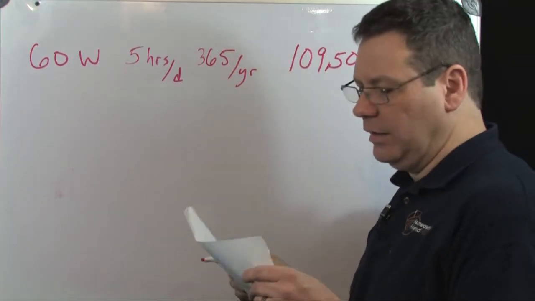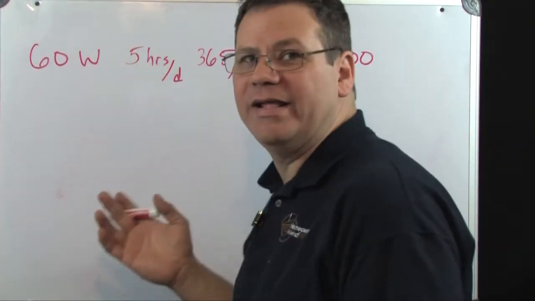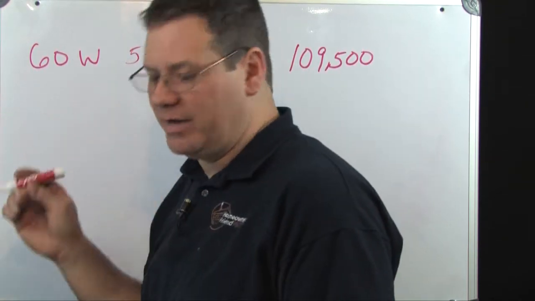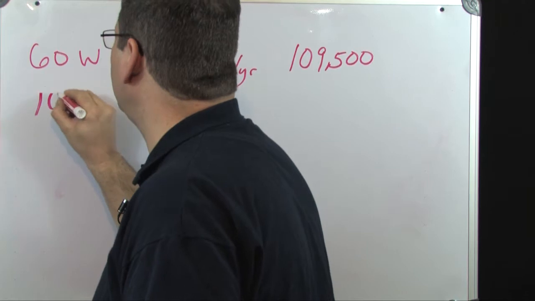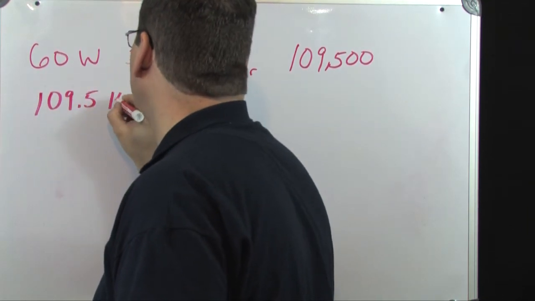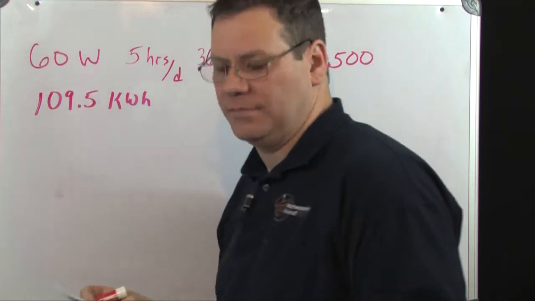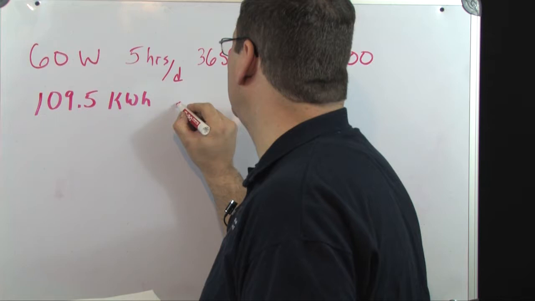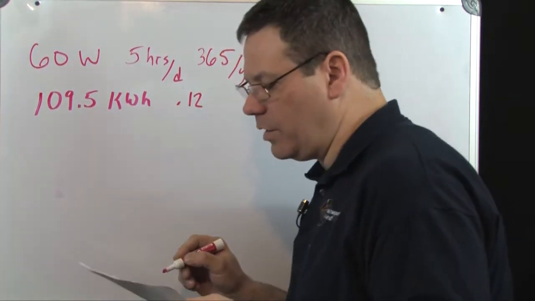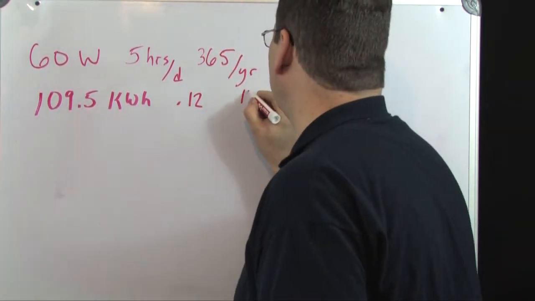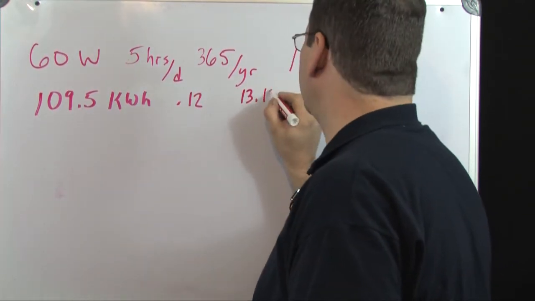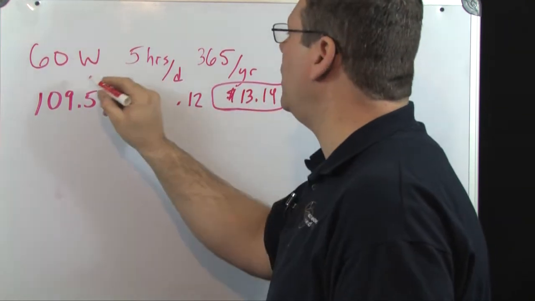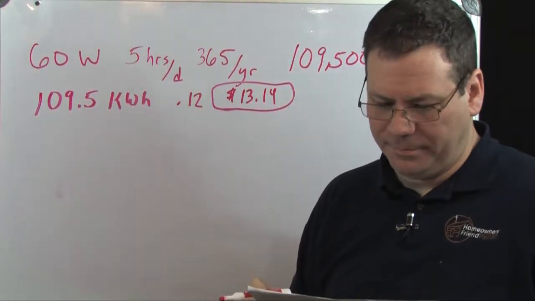And you can do the math. 109,500 watts divided by 1,000 to get the kilowatt, because again, we're getting the big numbers here, equals 109.5 kilowatt hours. If we multiply that by, again, the national average of 0.12 per kilowatt hour, we come out with a cost of $13.14 to run the bulb for that amount of time.